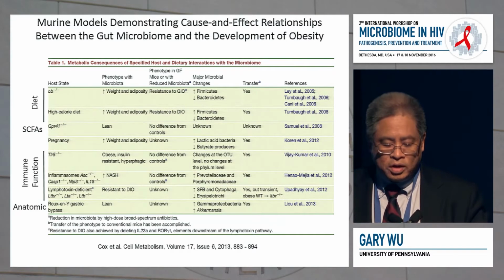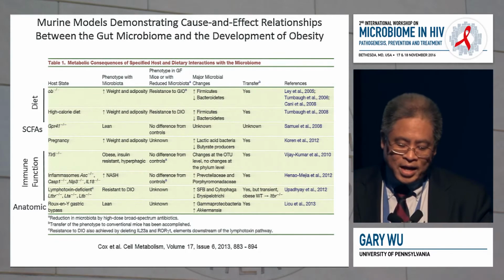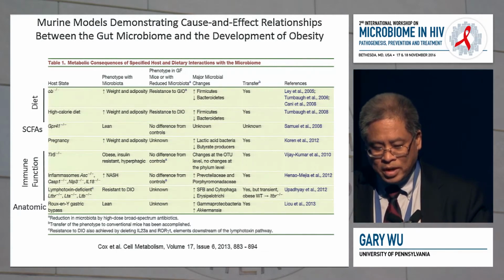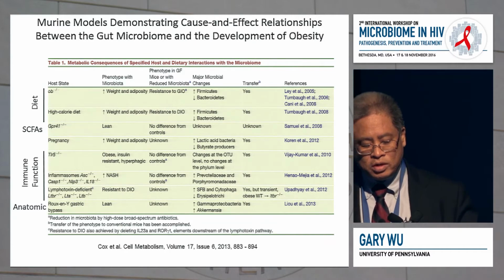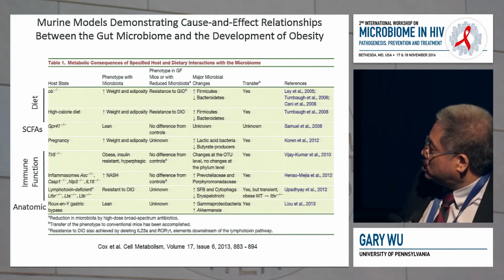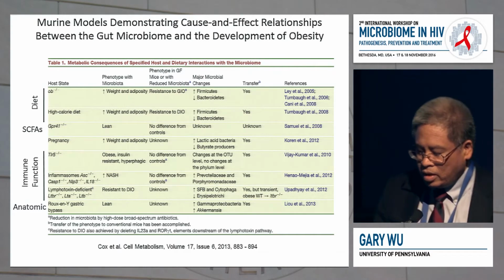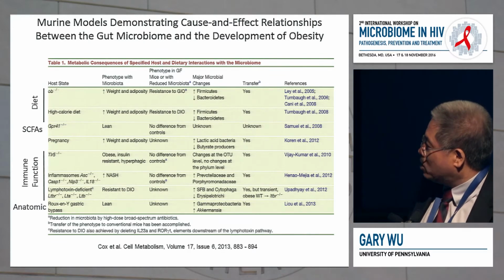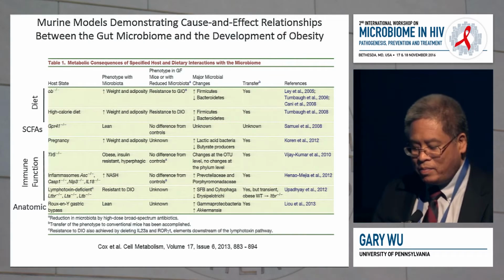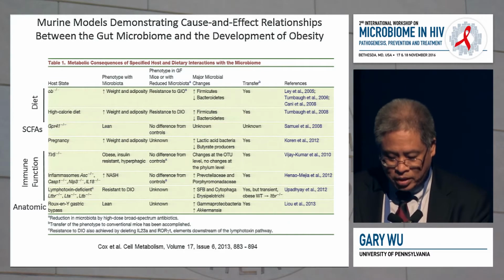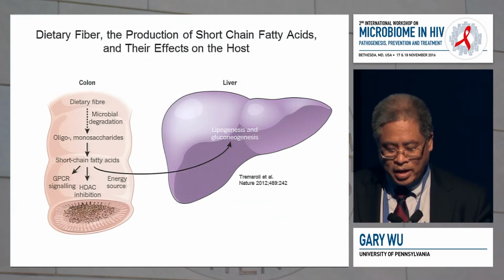Others deal with small molecules, and short-chain fatty acids are produced from fermentation of undigestible carbohydrates by the microbiota, and it's been a target of a lot of intense interest. And then, as I mentioned, immune function also has an input through the development of metabolic syndrome, and even anatomic. There are a number of papers looking at Roux-en-Y gastric bypass, the effect on the microbiota, and functionally what that might mean, again mostly in animal models.